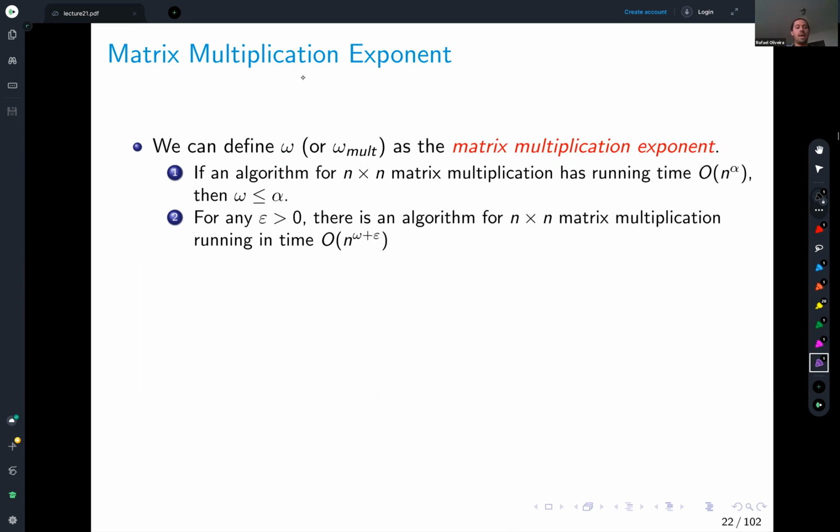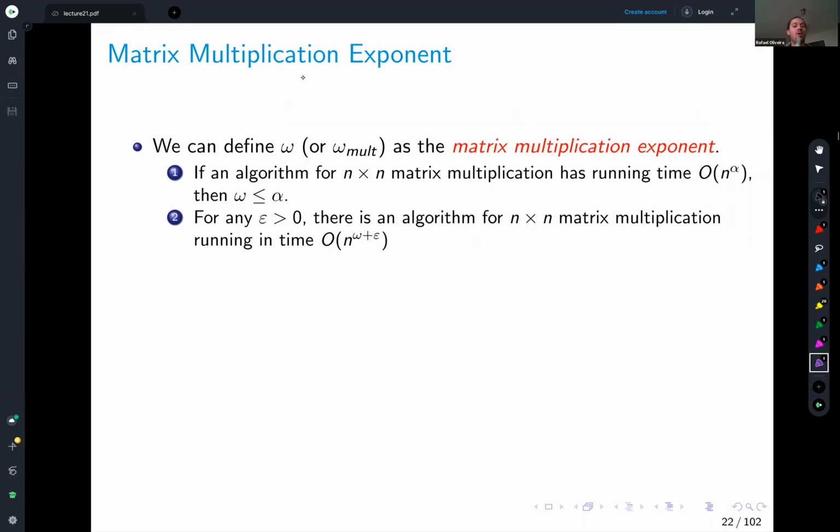So if we define omega as the matrix multiplication exponent, we want to know if omega is between 2 and 3. But how do we define this omega? Here's how. Suppose we have an algorithm for n by n matrix multiplication that has running time O of n to the alpha.